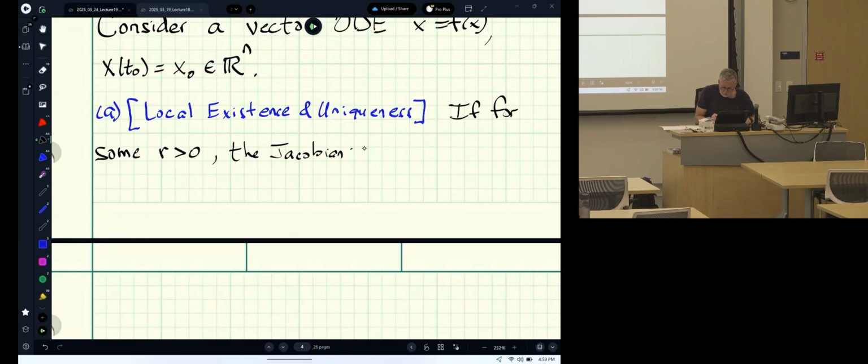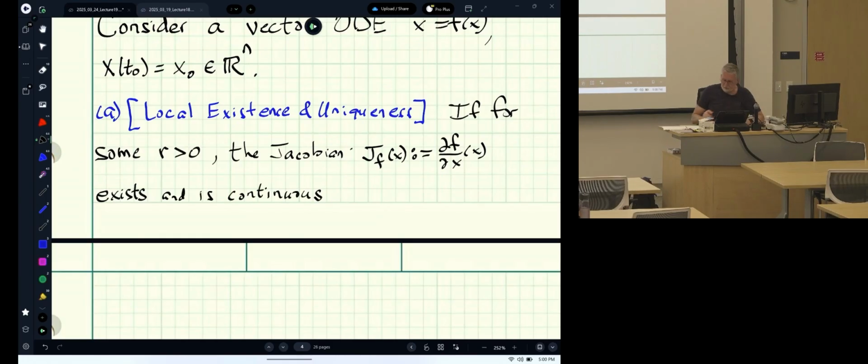the Jacobian J sub f of x, by definition equal to that matrix of partial derivatives, first partial derivatives. So if that Jacobian exists, meaning the function on the right-hand side of the differential equation is differentiable, and the functions there are not too wild, they're continuous.